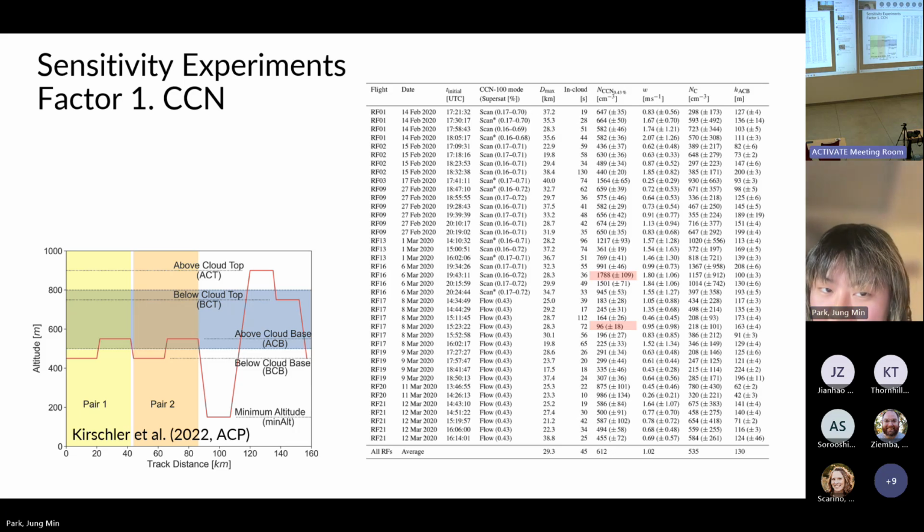But your control simulation has the lower CCN number. Yeah. So do you use that to represent the average of those days you're simulating? Not necessarily. I just wanted to start from somewhat lower end of the range and to increase it from there.